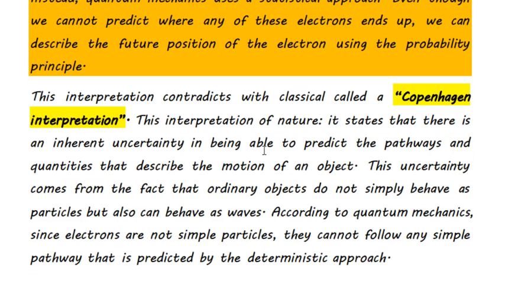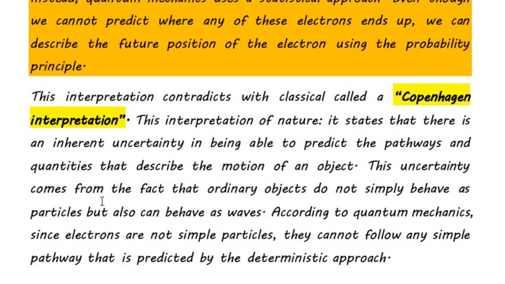This kind of different interpretation between classical and quantum mechanics is called the Copenhagen interpretation. This interpretation of nature states that there is an inherent uncertainty in being able to predict the pathways and the quantities that describe the motion of an object.